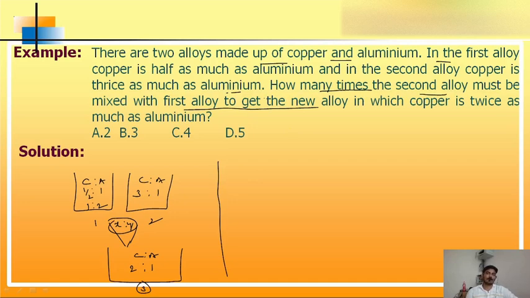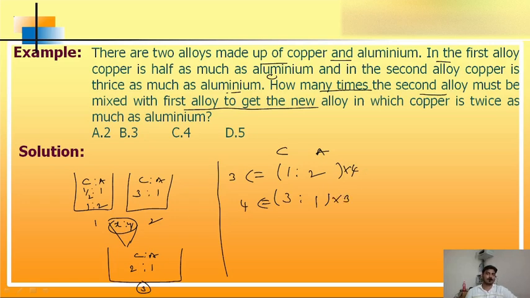Let us try to solve this one with the normal approach. Here the copper to aluminum will be 1:2 and 3:1. The number of parts here will be 3, and here the number of parts will be 4. As I said, we need to make the number of parts the same before mixing them in some defined ratio. So I will multiply this with 4, and this with 4.